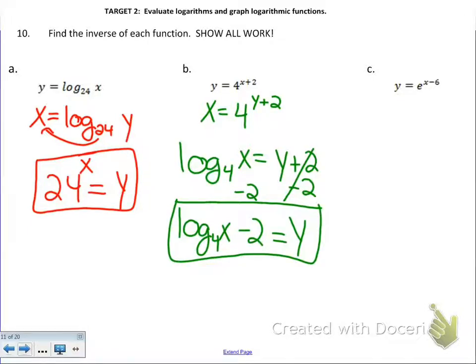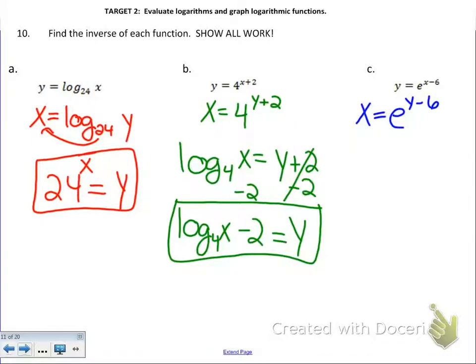Yay! So give that one a try with our last problem. y equals e raised to the power of x minus 6. Again, you switch the place of the x and the y. Now we know that with e, what do we use when we inverse an e? We use the natural logarithm, the ln.